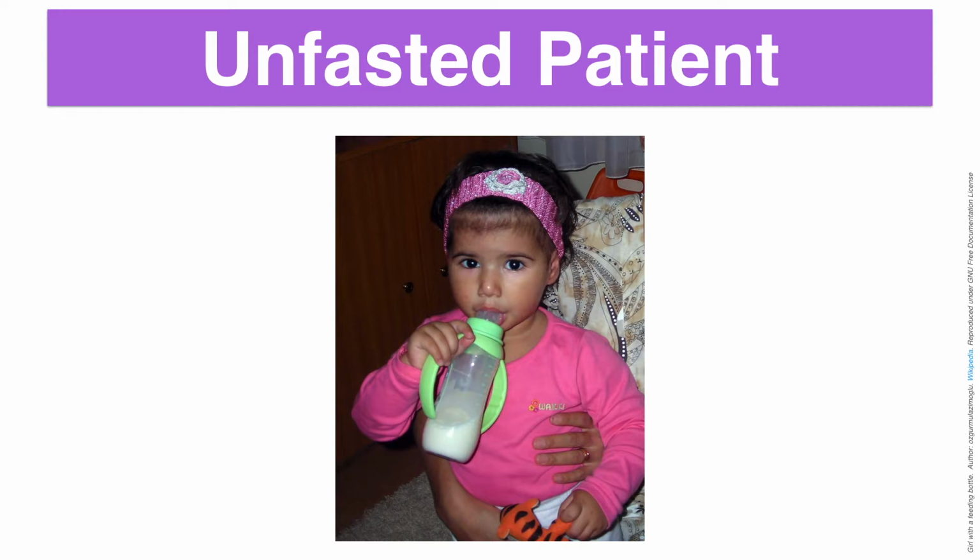So the traditional teaching is that if you're doing an emergency intubation in the unfasted patient, or the patient who's critically ill, where their gastric emptying may be unreliable, it should be done following a rapid sequence induction of anaesthesia. A rapid sequence involves pre-oxygenating the patient, so you build up a reservoir of oxygen in their lungs.